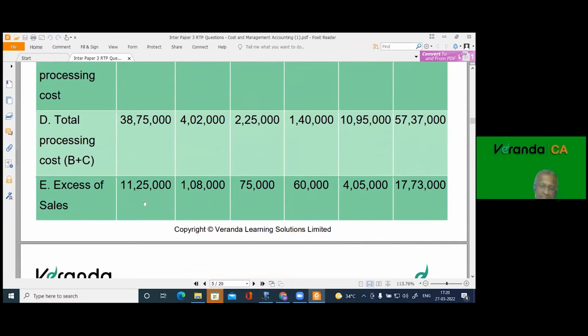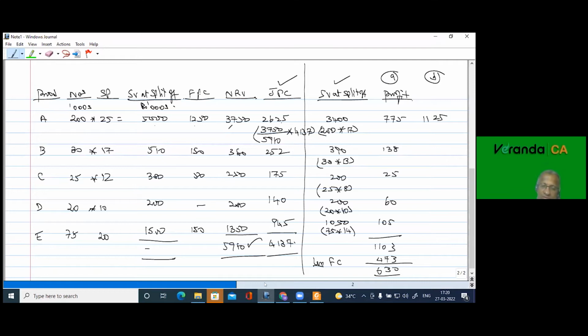Now let's check how they have worked. 1125. You see, in one table itself you can finish it off. That is the reason why I thought I will do it with a little bit of computational error. So how this number: we have just got 3750 minus 2625. So these two numbers were taken up, and it is 108, and it is 75, and it is 60, and 1950 minus 945, that comes to 405.